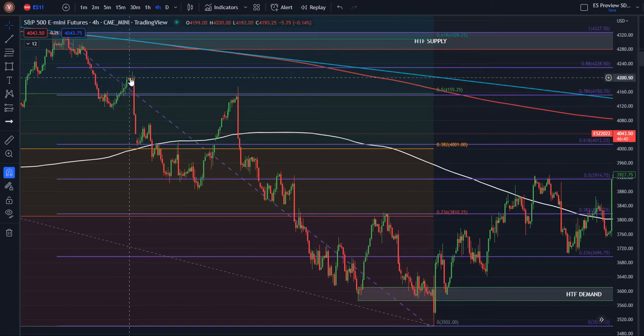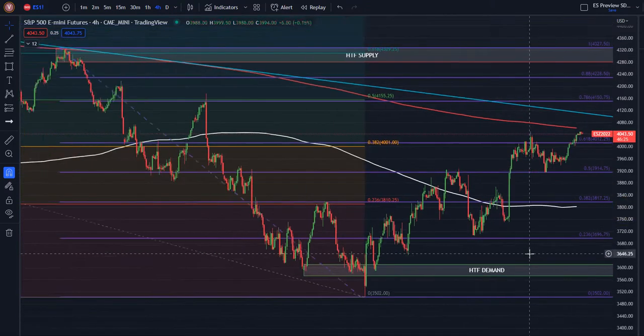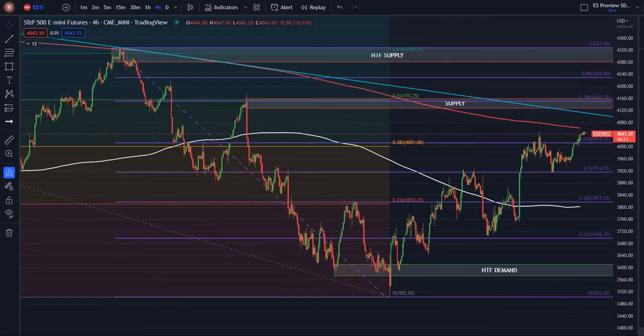And again, I'm on a 4-hour chart, so you need to do this on a daily, a 4-hour, a 1-hour to see your higher time frames, and then a little bit shorter duration. So the next two come into play at these zones where we moved higher.